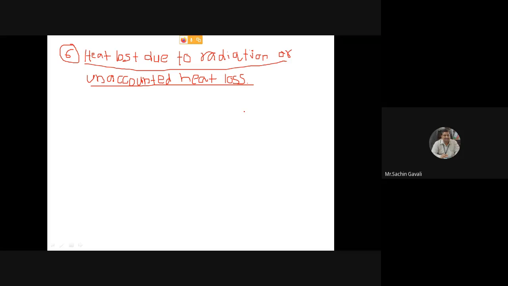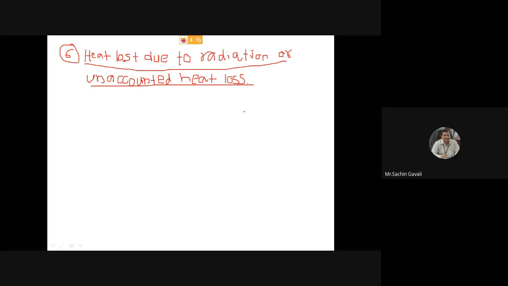Due to that, through radiation, the boiler radiates a lot of heat to the atmosphere. Likewise, the pipelines we use for carrying the steam also release a large amount of heat to the atmosphere.